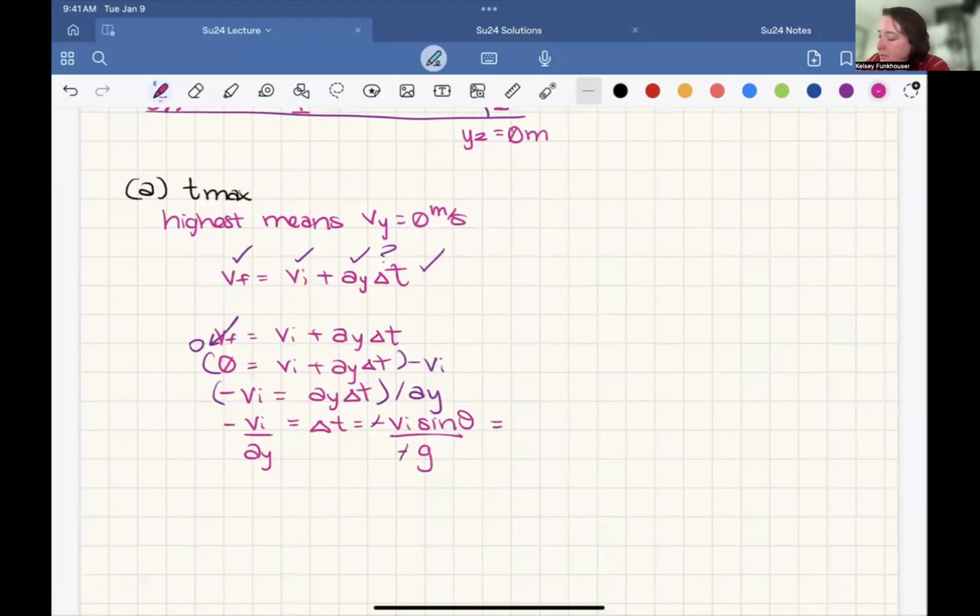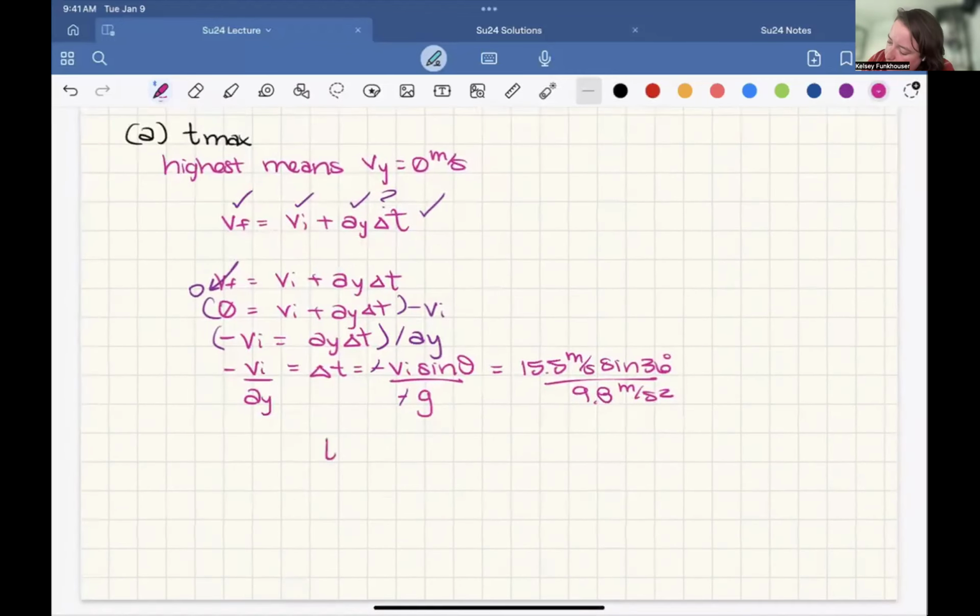So this one is 15.5 meters per second, sine of 36 degrees, divided by 9.8 meters per second squared. So that's going to give us a time to the maximum height, T max, is 0.93 seconds. Okay, that's the time to the maximum height.